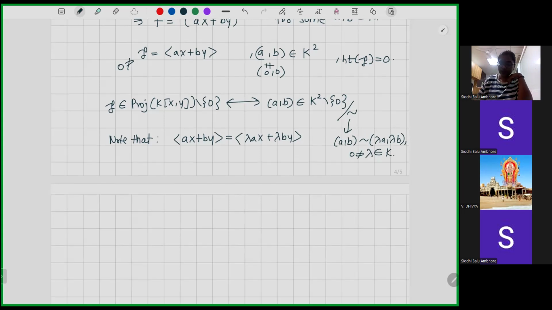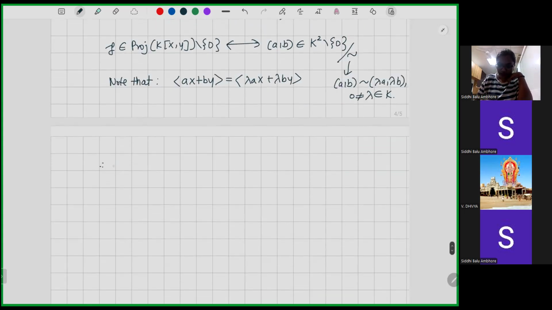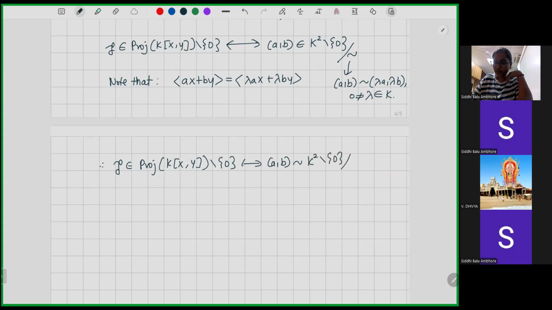So this P in Proj S is in one-to-one correspondence with k^2 minus 0 modulo this relation, (lambda a, lambda b), lambda non-zero in k.